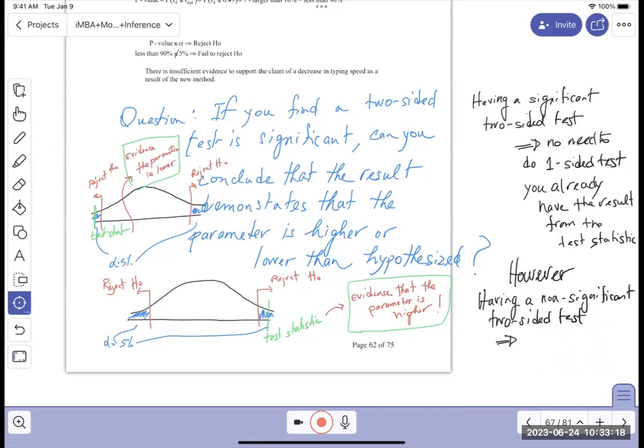So if it's not significant, it's out here, you don't bound it, you don't know where it is, right? So it's out here or here, you don't know. You'd have to check: if it's on this side, you do the right-sided test. If it's on this side, you do the left-sided test to see if it's higher or lower.